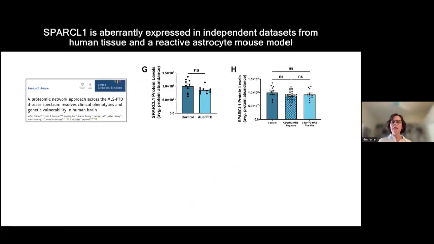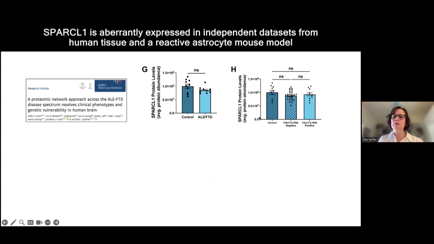So we looked around to see whether anybody else had looked at SPARCL1 in regards to ALS and FTD. And there was indeed a paper published that looked at the proteome across the ALS-FTD spectrum. While it wasn't significant, when we looked at the data set that Lynette analyzed, there is a trend to a decreased level of SPARCL1 in this human brain tissue analysis.